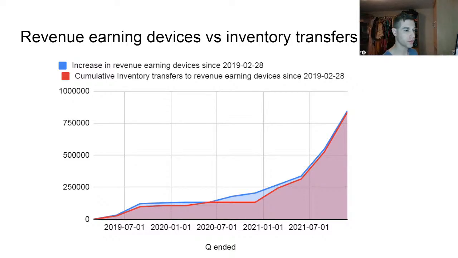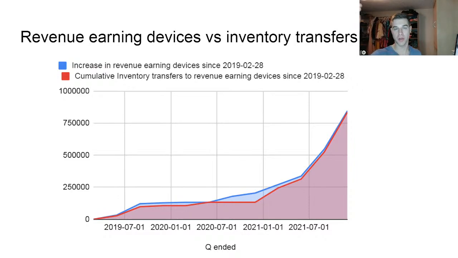And this chart is interesting. If you look over time, this chart is showing you, starting from the end of February 2019 as a 0 point, what is the total increase in revenue earning devices that they have added to their balance sheet as an asset, ignoring depreciation, right?